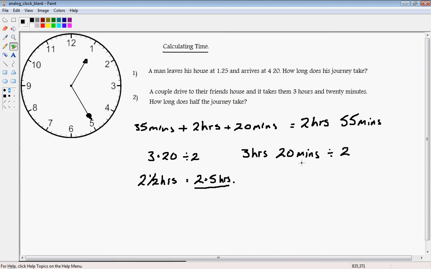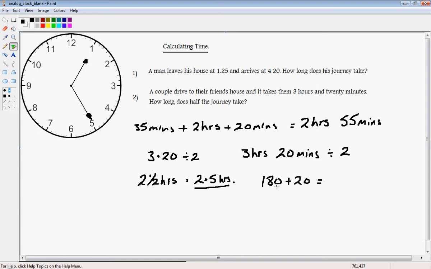So 3 hours and 20 minutes, what I do is I find either half of the 3 hours and half of the 20 minutes, or I convert it all to minutes. So 3 hours, now there's 60 minutes in an hour, so 3 hours would be 3 60s, so that will be 180 plus the 20 minutes.